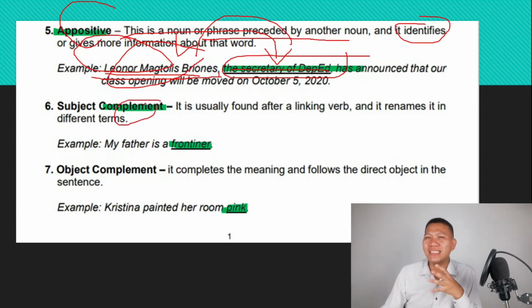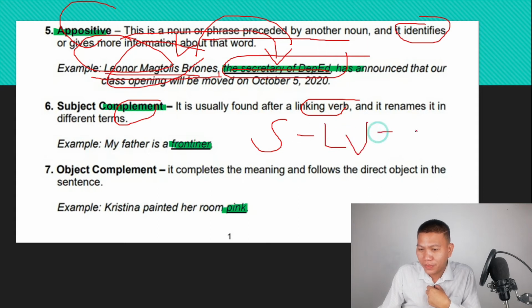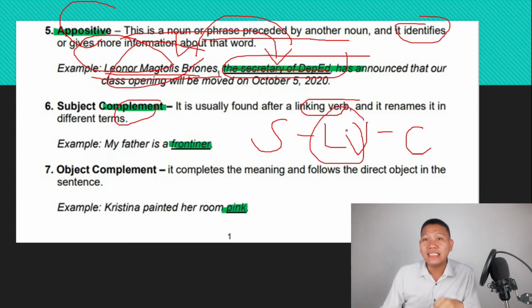Okay, complement means it describes. Okay, it describes or renames a particular noun following a linking verb. So if you can recall the subject linking verb complement format, this will help you understand this particular example. So linking verbs are is, am, was, were, are, and other verbs of the senses.